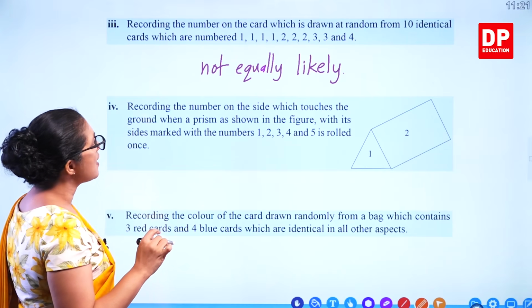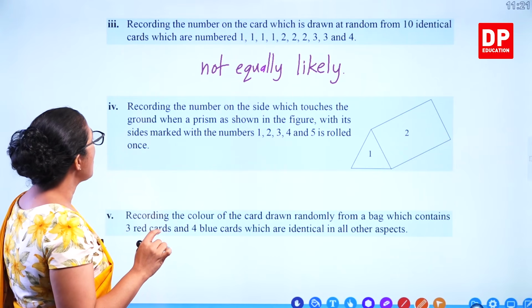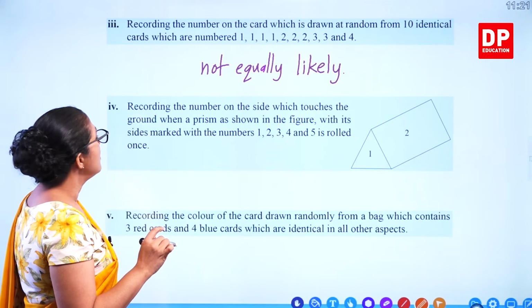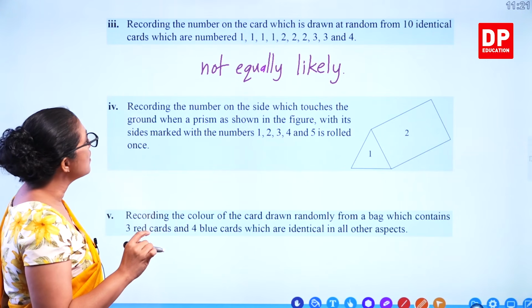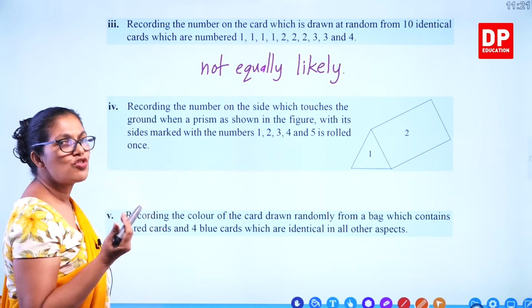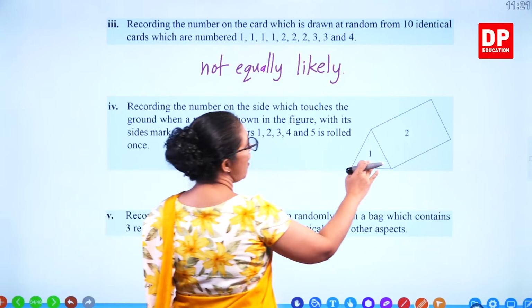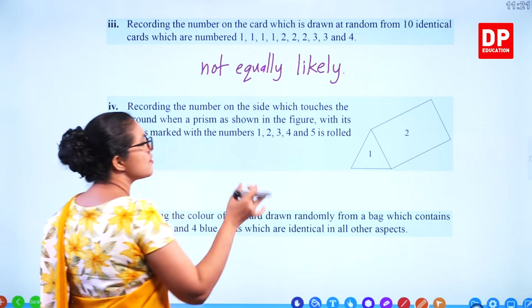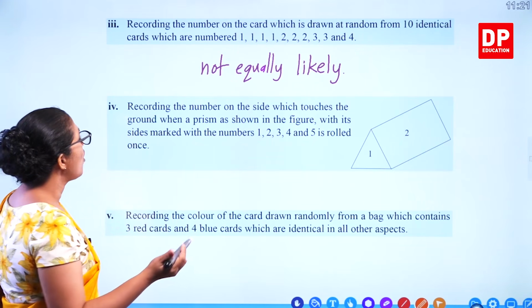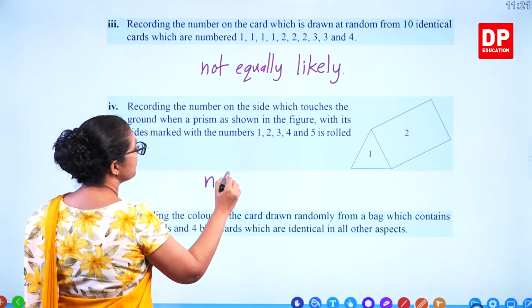Recording the number on the side which touches the ground when a prism, as shown in the figure, with its sides marked with the numbers 1, 2, 3, 4, 5 is rolled once. So the shapes are different. This is a triangle, these are other 3 sides rectangles. So this is not equally likely.